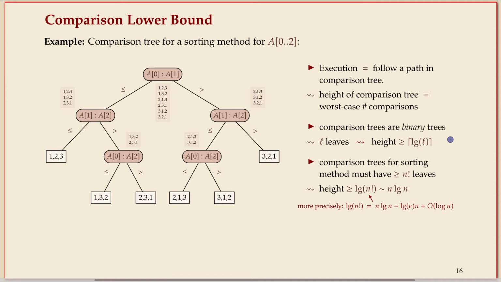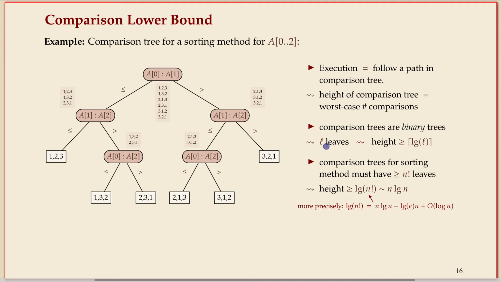Now, how tall must this tree necessarily be? We remember from last unit we talked about binary trees at length, and we found that if we have L leaves, well, we talked about having a certain number of internal nodes, but you can translate that to the leaves as well.